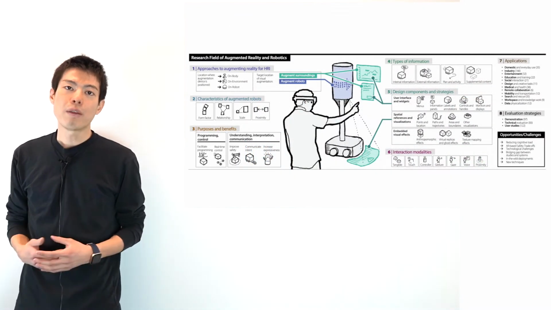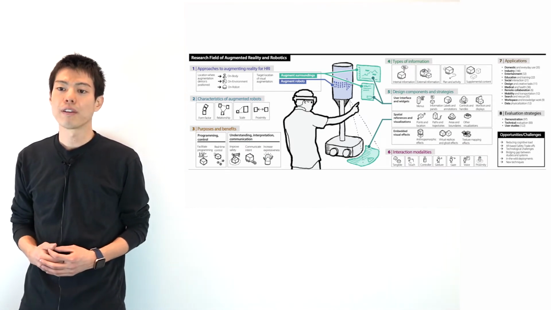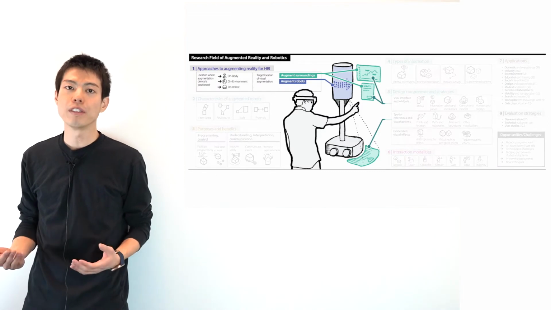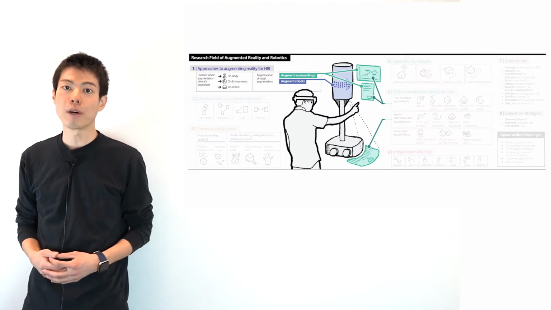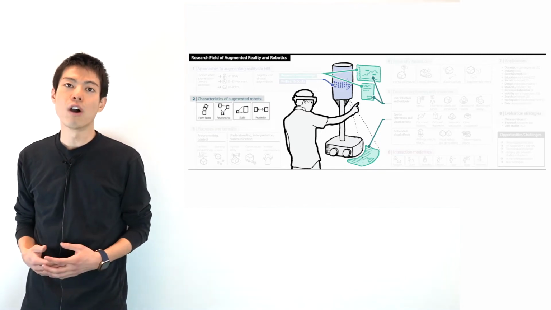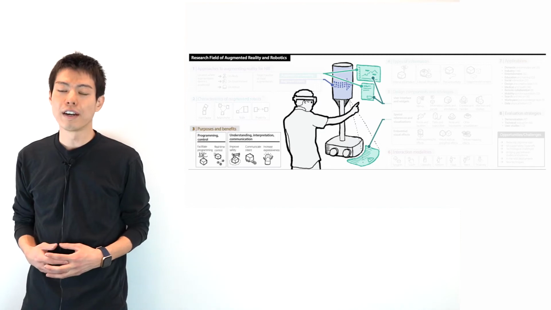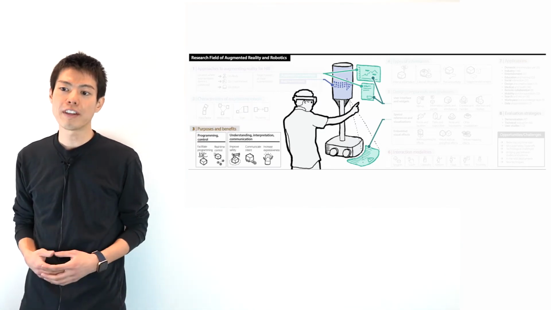So in this paper, we have analyzed the different dimensions of AR robotics. The first one is approaches to augmented reality in robotics. The second, characteristics of augmented robots. The third one is purposes and benefits of augmented reality.